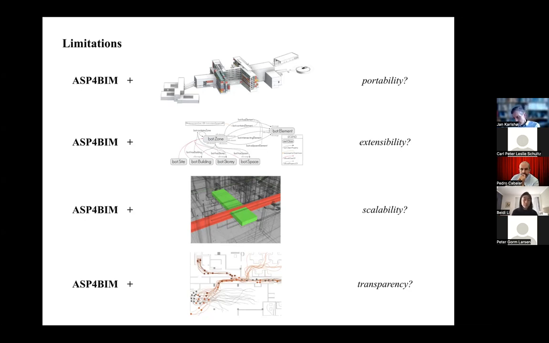Or in terms of scalability, when ASP4BIM is used in conjunction with normal clash detection programs, how would that scale up to large-scale building models with thousands of requirements? That is still unknown from my side.